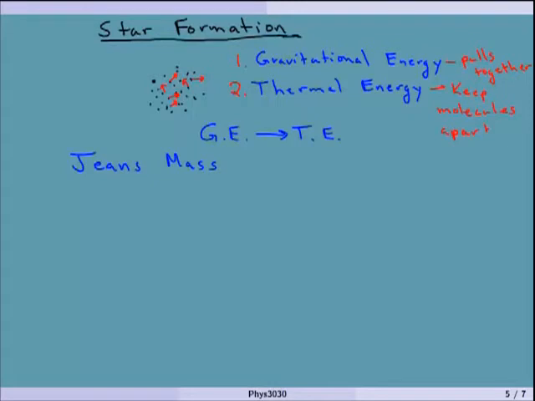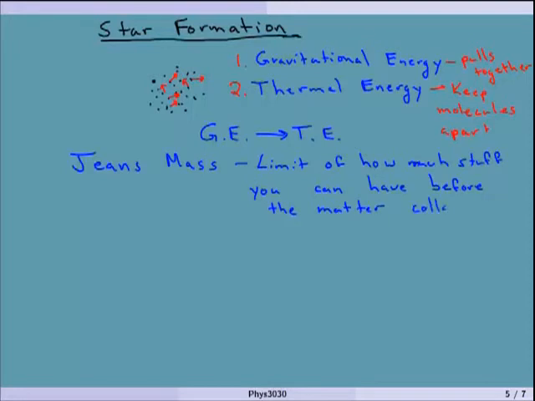The Jeans mass is a limit of how much stuff you can have before the matter collapses.